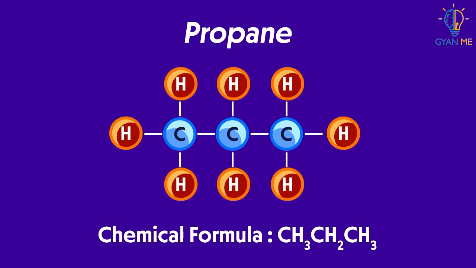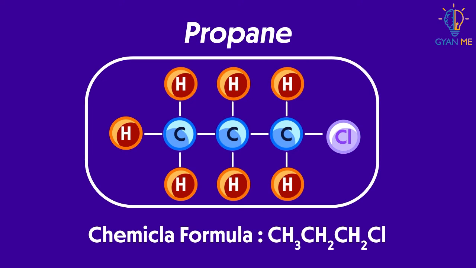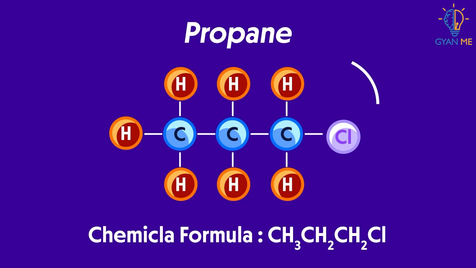Now, if one of the hydrogens in the propane is replaced by chlorine, we get a new carbon compound like this. What will be its name then? Yes, as you know, if there is chlorine, add the prefix chloro.